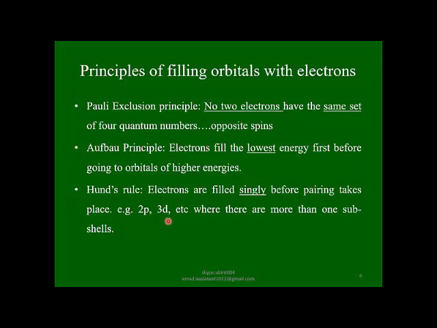If it is d, we have five: dxy, dxz, dyz, dx²-y², and dz². So if we have electrons to be filled into 2p, we have to fill each one into each block first, singly. If there are more electrons, we then start pairing from anywhere. It is not that we put two in the first one, like px, and put the rest in py and pz. No.